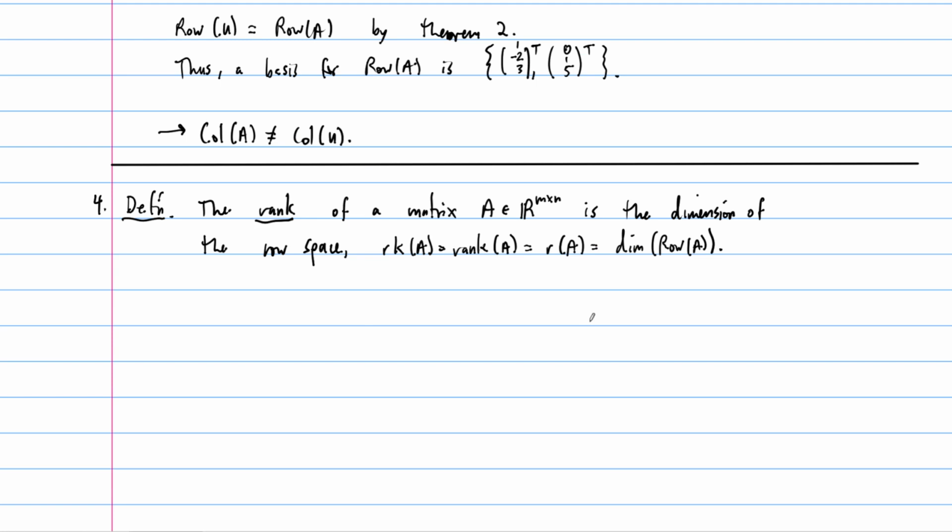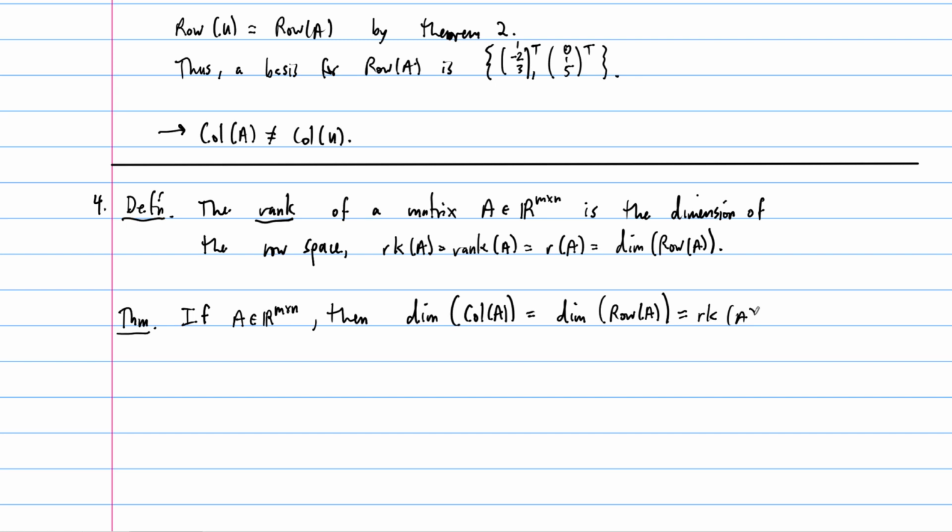Here's a theorem, and again, I'm going to write this now, but we will talk about this later on, and maybe leave the proof as an exercise. But here's the theorem: if A is an m by n matrix, then it turns out that the dimension of the column space of A is equal to the dimension of the row space of A. So the row space and the column space have to have the same dimension, and therefore, by the way, the rank is defined to be the dimension of the row space, but this must be the same number.